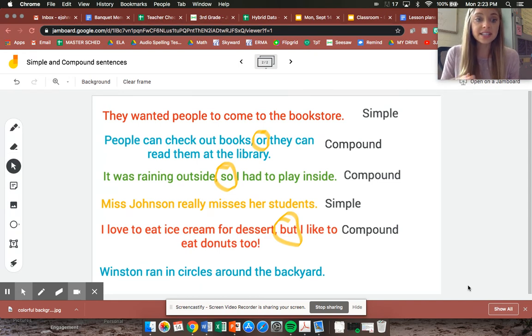And one thought sentences are simple sentences, right? They don't have those conjunctions. Now, if you wanted to make this sentence a compound sentence, I could say Winston ran in circles in the backyard and he was barking. But it only tells us one thing here.